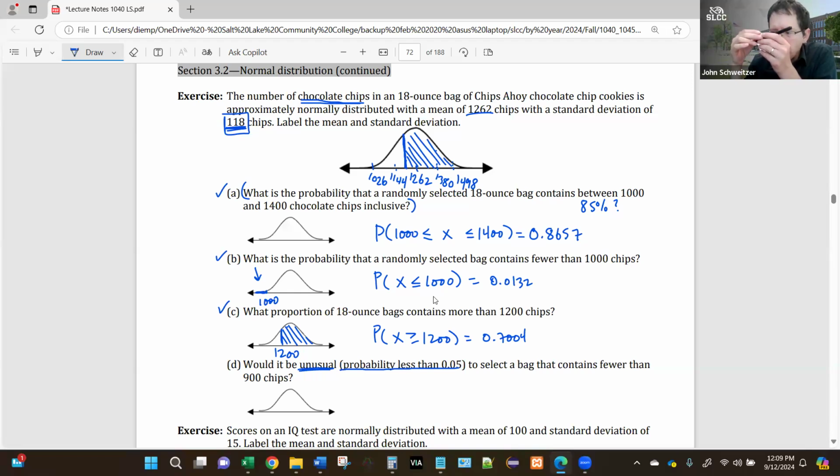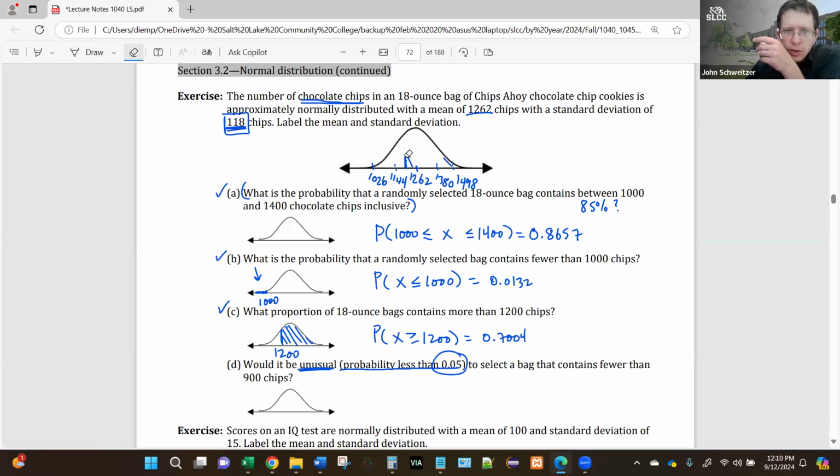So you say, well, 3%, that's very, very small probability. So you schedule it. And then Saturday you show up and it rains. It can happen. There's a 3% chance of it happening, but that's unusual. So the rule of thumb is if the event has less than a 5% chance of happening, it's considered unusual. So would it be unusual to get a bag that has fewer than 900 chips?